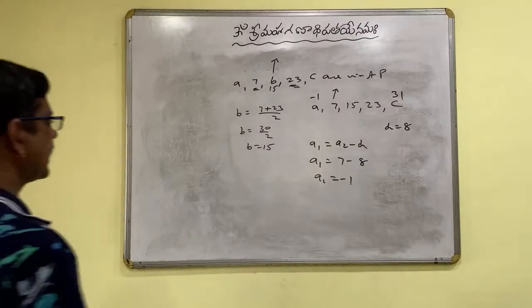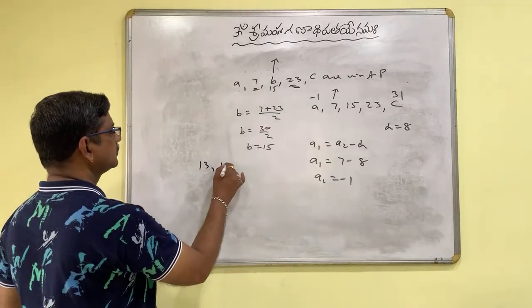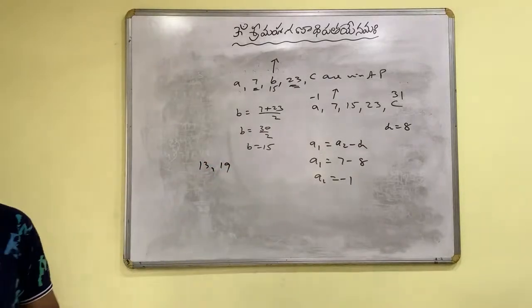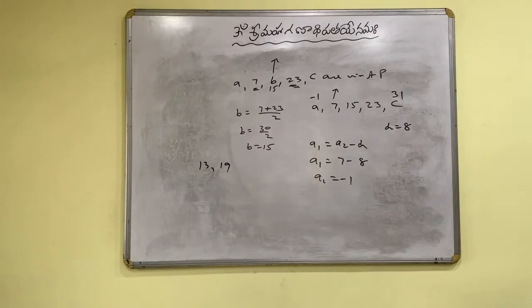Now what is the arithmetic mean of 13 and 19? Can anyone say?